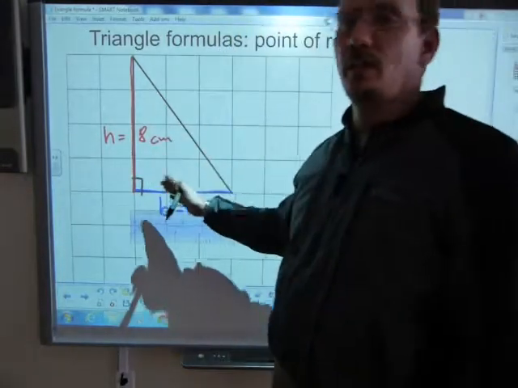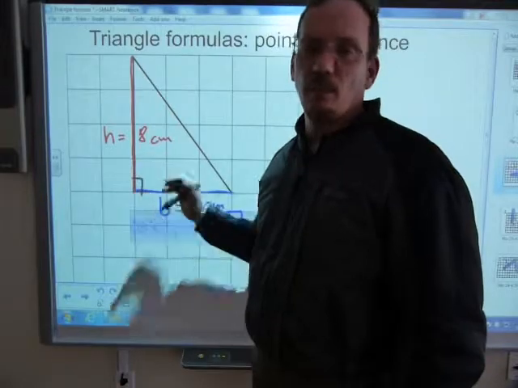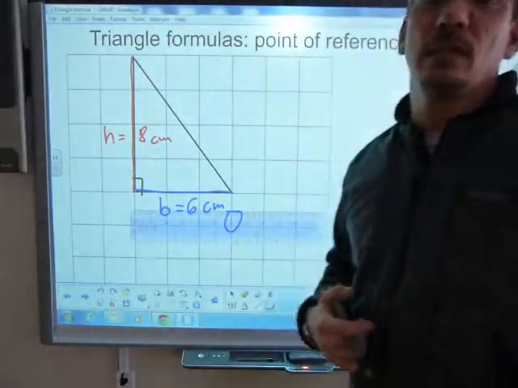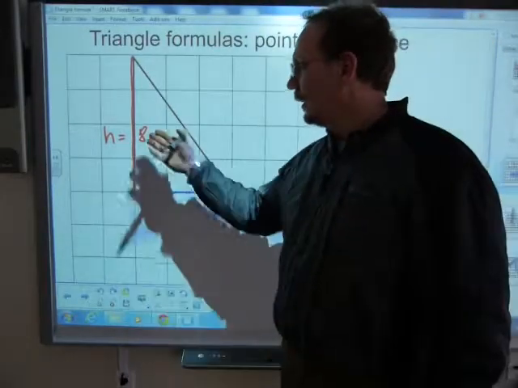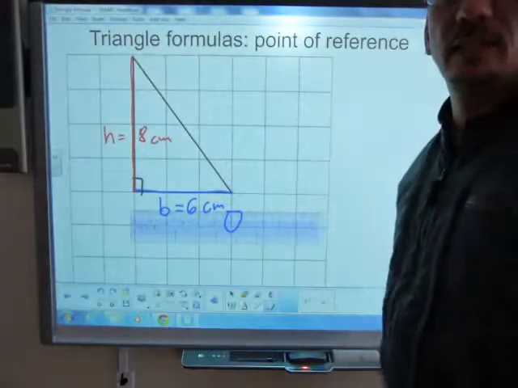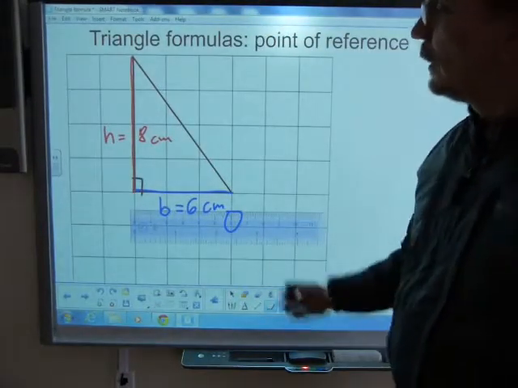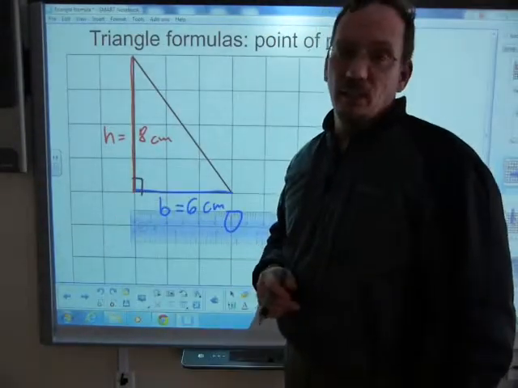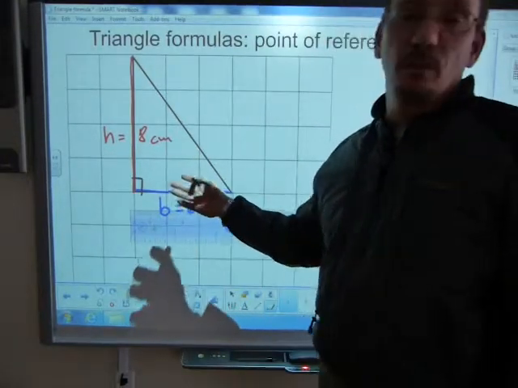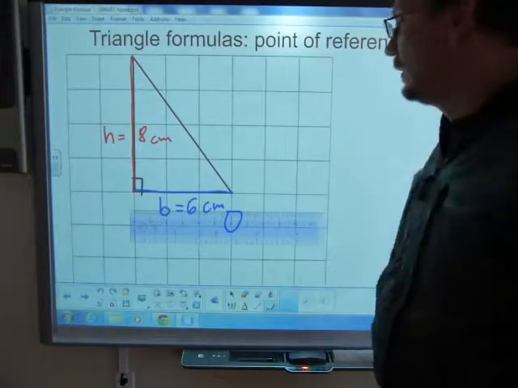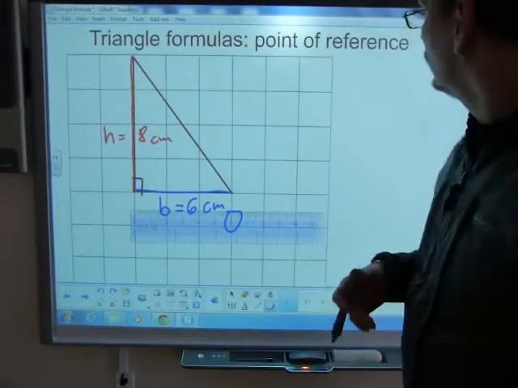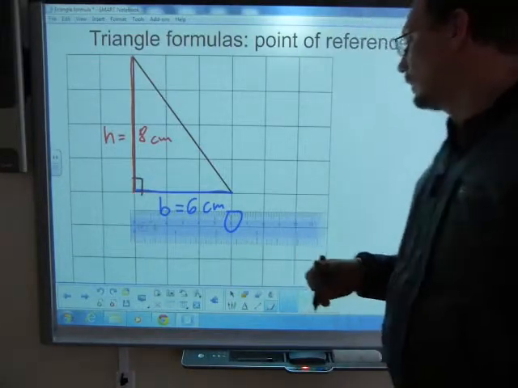It's critical that you notice the height has to be perpendicular to the base. In this case, because it's a right angle triangle, the height coincides with one of the sides of the triangle. But if it's not a right angle, then the height could be inside the triangle or outside of it, depending on whether it's an acute or an obtuse triangle.